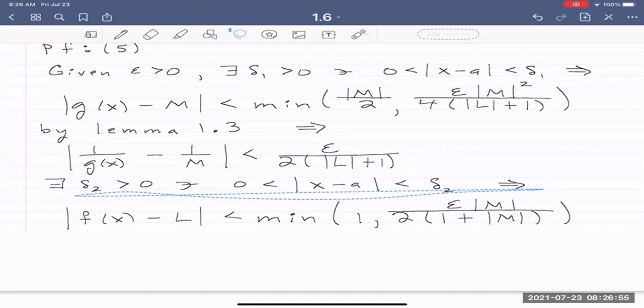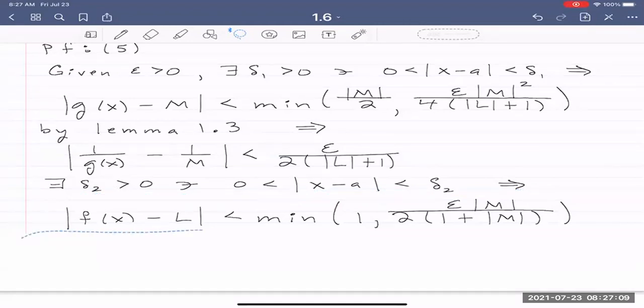Also, there exists a delta 2 greater than 0 such that x minus a in absolute value between 0 and delta 2 implies that f of x minus L in absolute value is less than the minimum of 1 and the quantity epsilon times absolute value of m over the quantity 2 times the quantity 1 plus the absolute value of m.